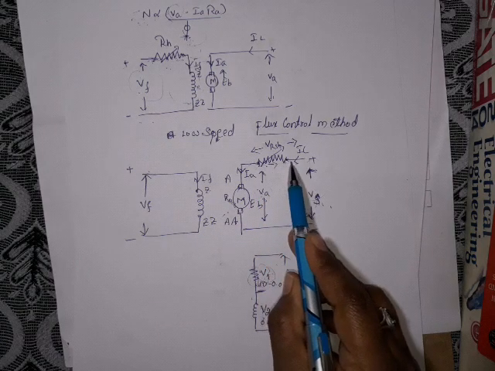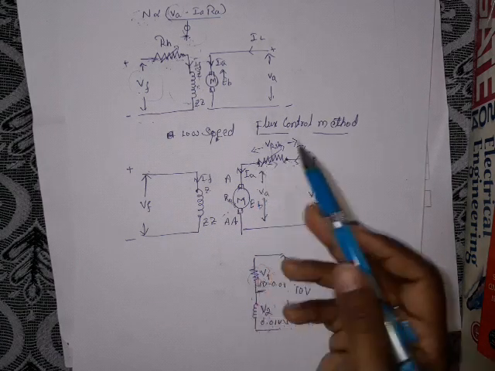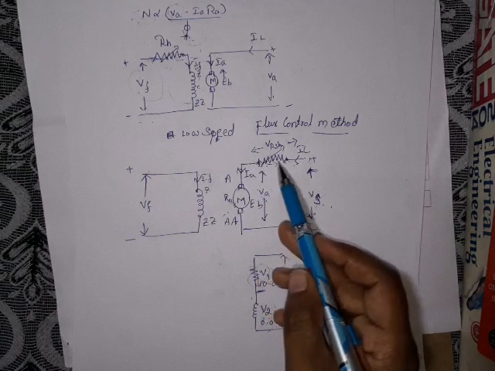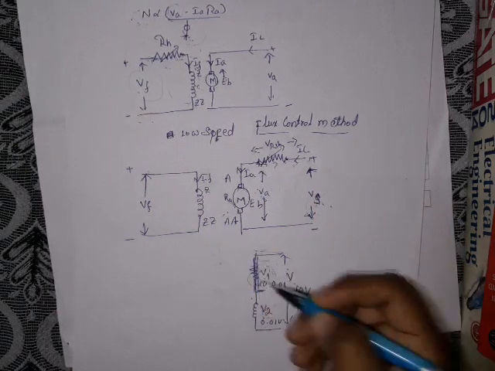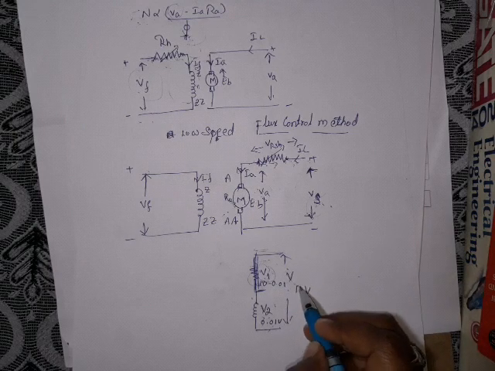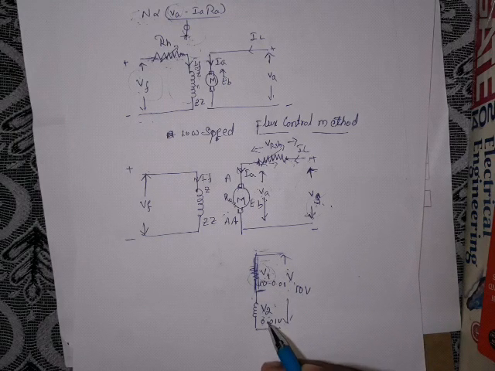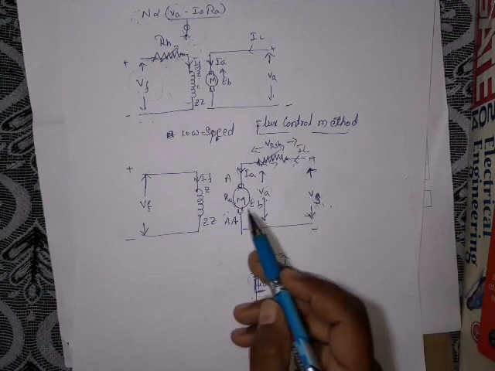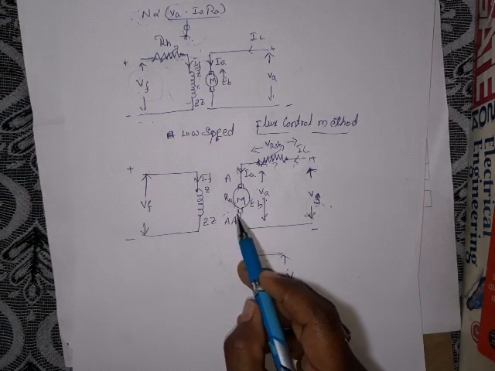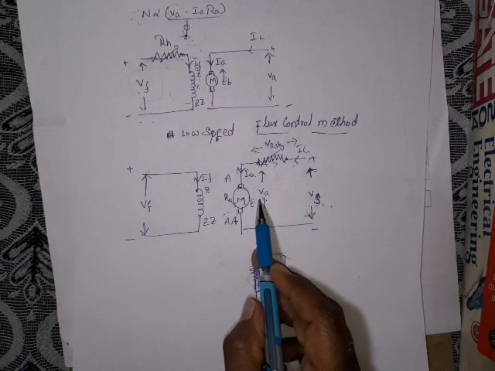When I take it to 0, there is no resistance. This will become a normal conduction line like this. So the complete supplied voltage will be applied across the winding. Similarly here, the complete supplied voltage will be applied across the armature. So Vs is equal to Va.